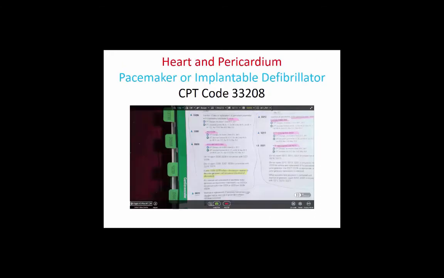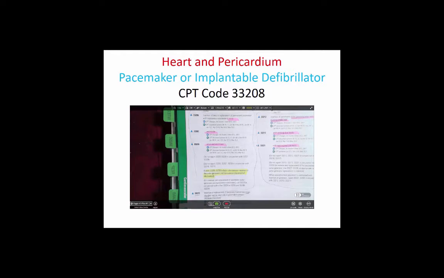Now, I purposely did not blow this up so that you can see the family of codes. I have it circled. 33206 is the parent code, and then the next two codes are alternative versions by adding different language after the semicolon.